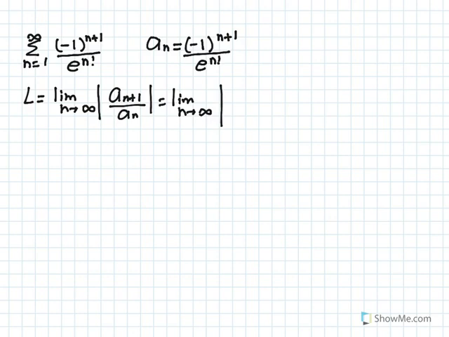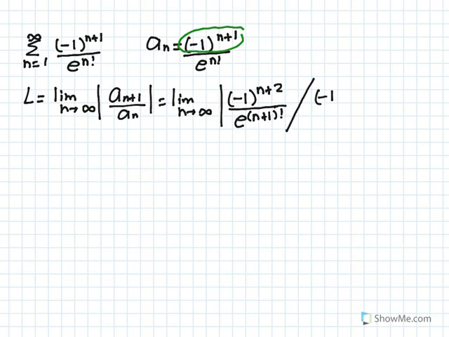Now this is a bit tricky because we already have negative 1 to the power of n plus 1. So we have to write this as negative 1 to the power of n plus 1 plus 1, which is n plus 2, divided by e to the power of n plus 1 factorial, all divided by negative 1 to the power of n plus 1 divided by e to the power of n factorial.